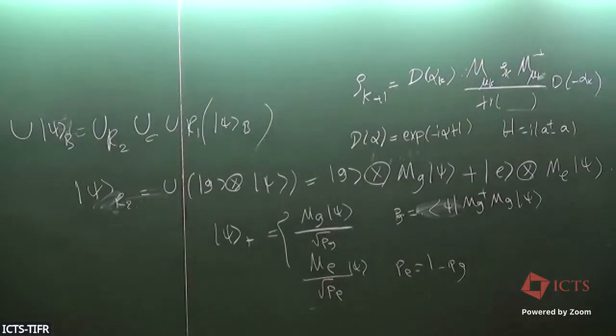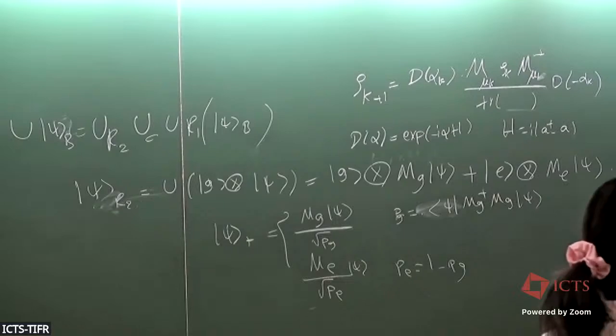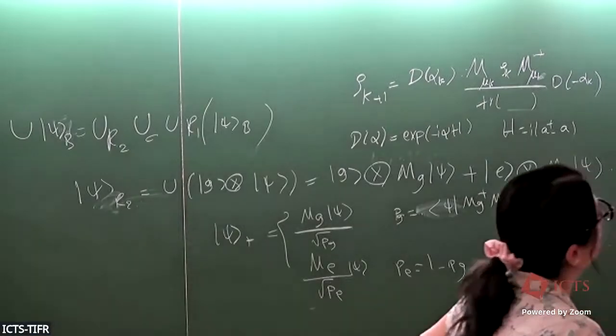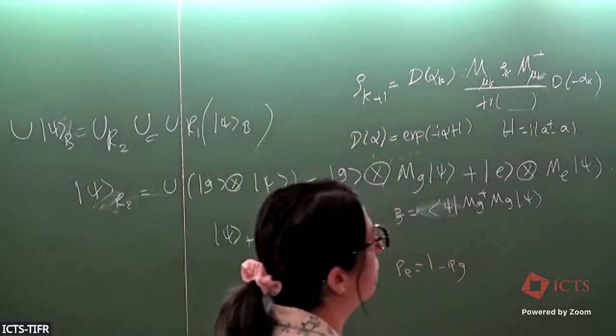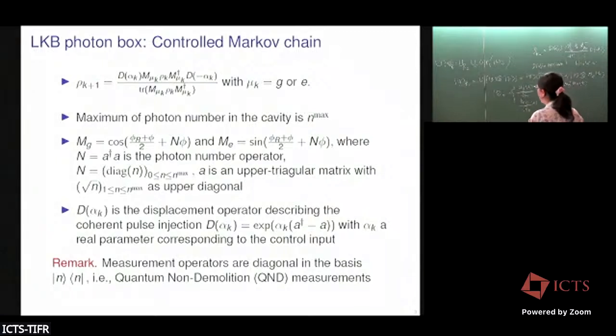And here we suppose that we are in finite dimension, so you have n max. You cannot have more than n max photons inside the cavity. And the Mg operator has this form, with some physical parameters phi r plus phi over 2 plus the photon number operator. So you can see from this that your Mg is a diagonal operator.